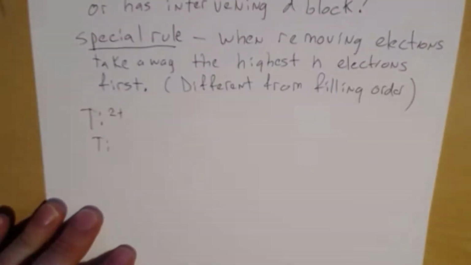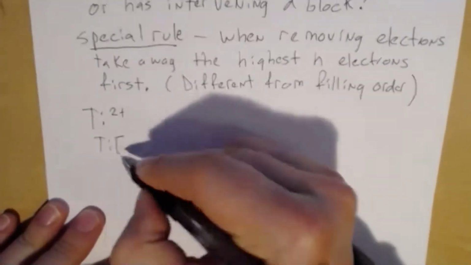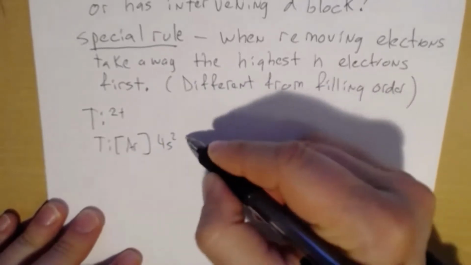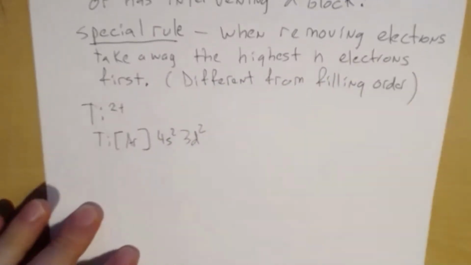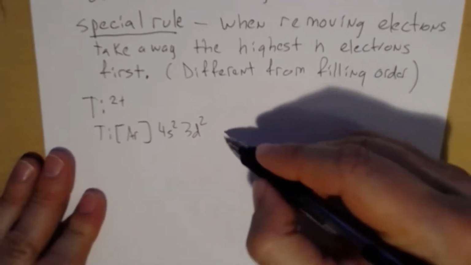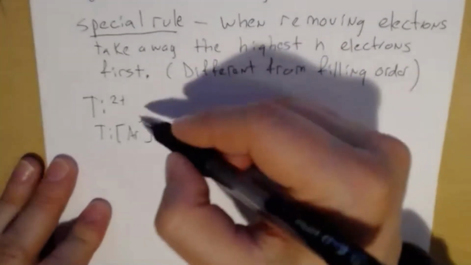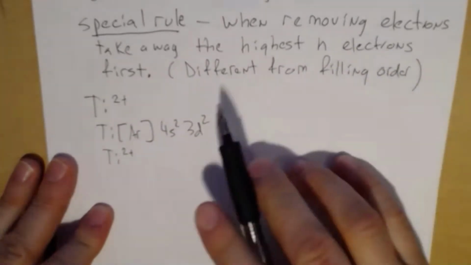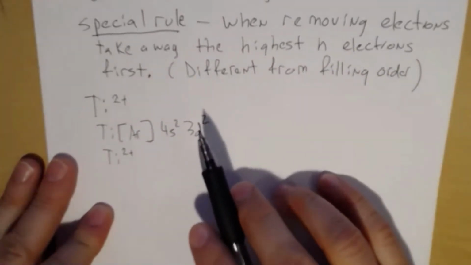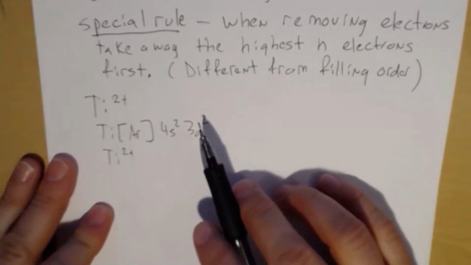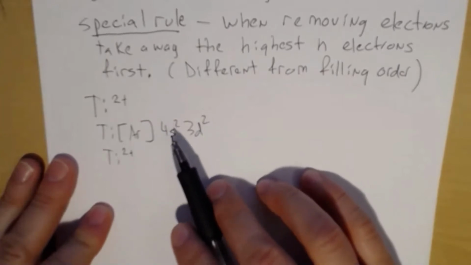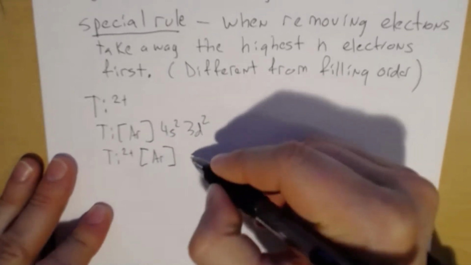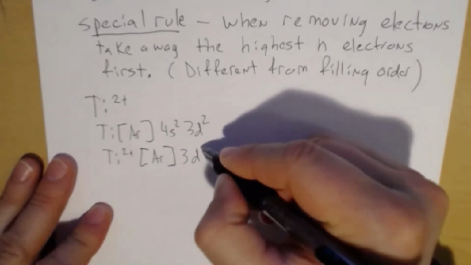So when it forms an ion, titanium 2+, I would remove not the D, which was the last electrons I put in, but the higher energy level. I'd remove the S. So titanium 2+ is going to be argon 3d2.